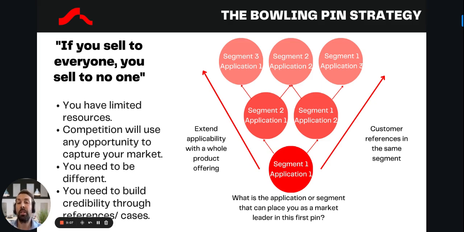There are not many CRMs specialized in small businesses, and you potentially have features for that and specific services that are specifically designed for small businesses' needs. So you can go after those small businesses, win that segment, and then grow from there. Once you say that you are for small businesses, you are different from Salesforce.